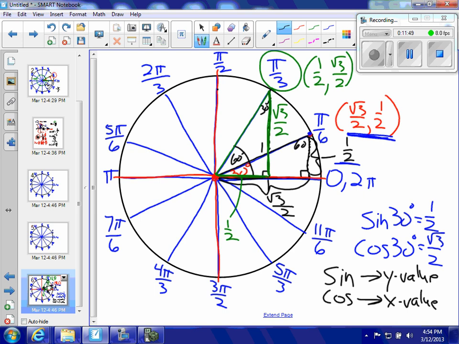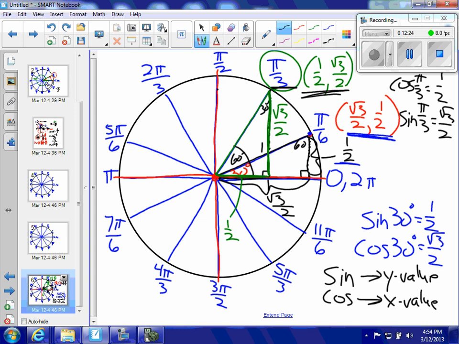This is great stuff to know. So now I know that for example, the angle pi/3, which is the same as a 60 degree angle, I can just look at the coordinates. And I can say, oh, well, cosine pi/3 is equal to 1/2. And I can say sine pi/3 is equal to radical 3/2. It makes it much easier to figure this stuff out.